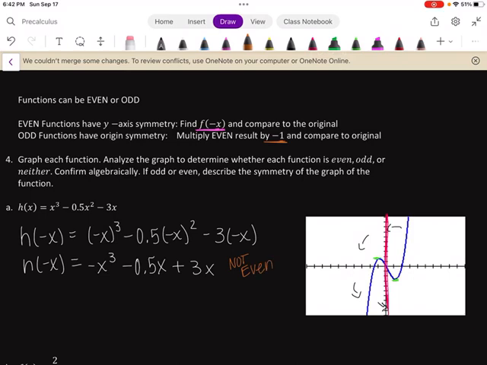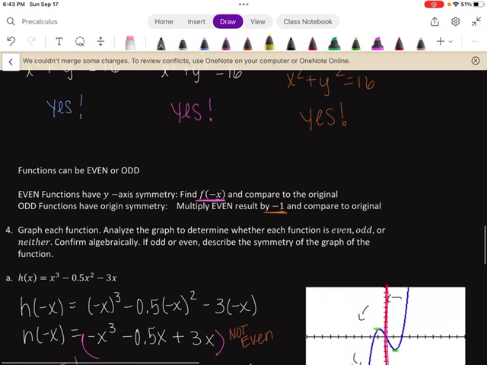And then if I multiply this by a negative 1, I'd get x cubed plus 0.5x squared minus 3x. Now I look back at the original. It's not the same. This guy is different, so it's not odd.